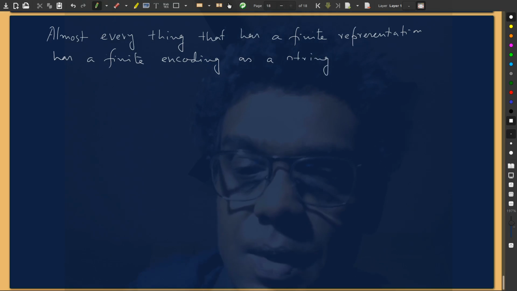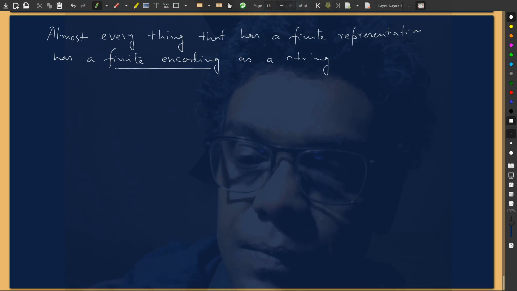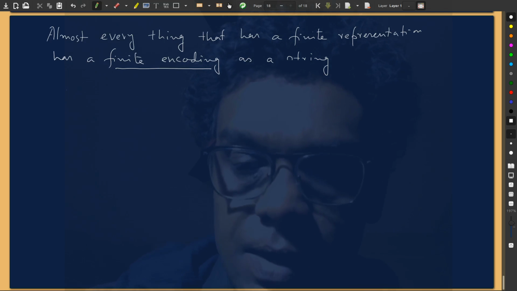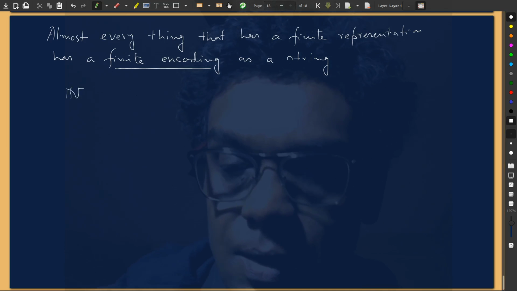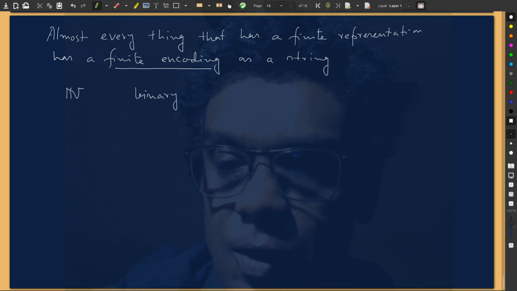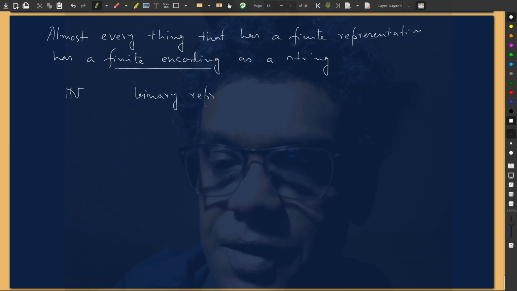For example, if I look at natural numbers, the binary representation is a sequence of zeros and ones. This is a finite string.